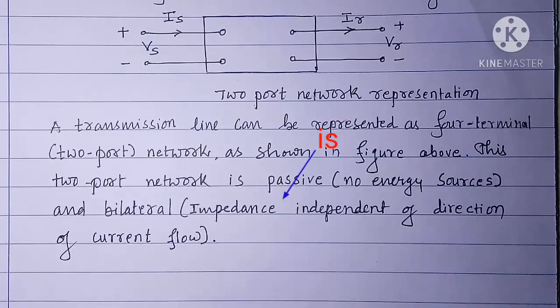For such a two-port network, we can write the relationships between sending end voltage, sending end current, receiving end voltage, and receiving end current.